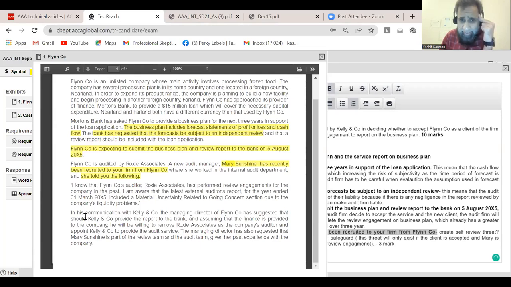I am aware that the latest external auditor report for the year ended 31st of March included a material uncertainty relating to going concern section due to the company's liquidity problem."